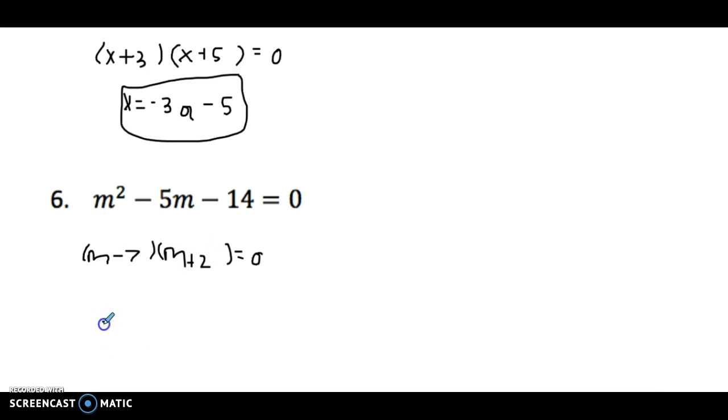So our two solutions for this one would be that m equals 7 or negative 2.